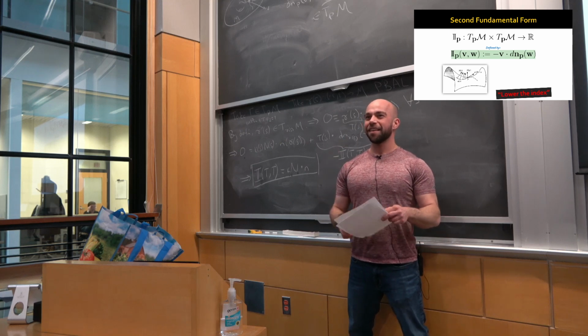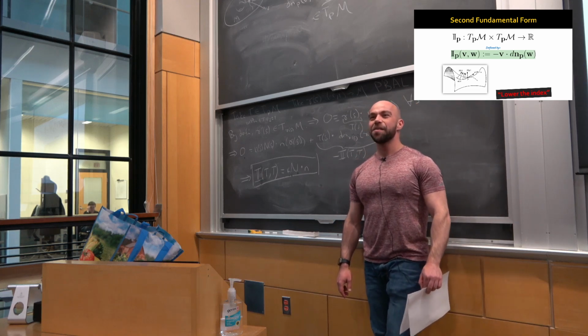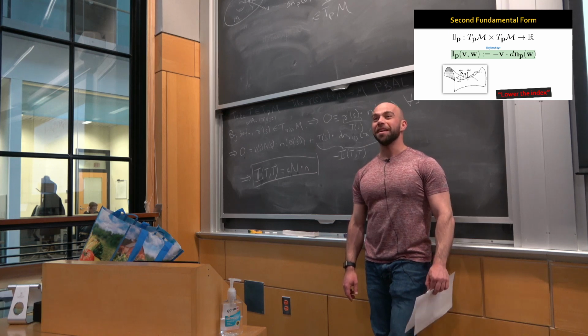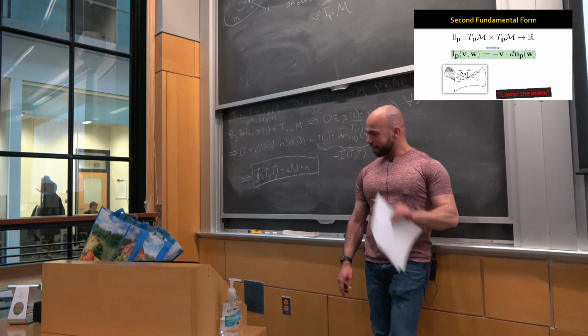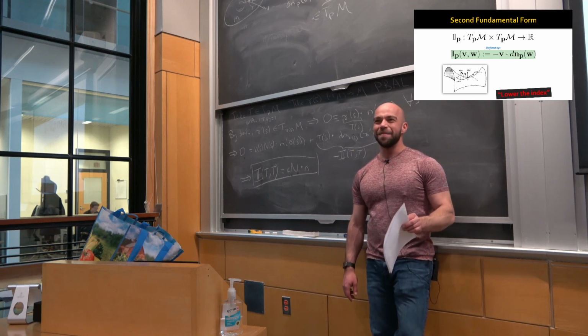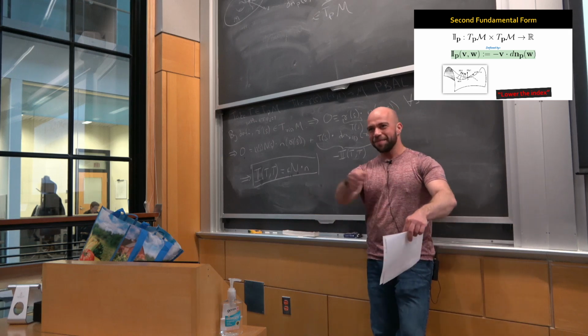Yes? Yeah, you. Yeah, so if this is the normal to the curve, could it be in the plane though? It could. Turning the car. Yeah, so that's a fantastic question. The question was what about the planar case, right? So let's say my car is doing donuts in the plane. I'm circling around, right?